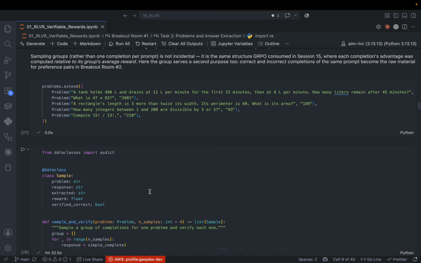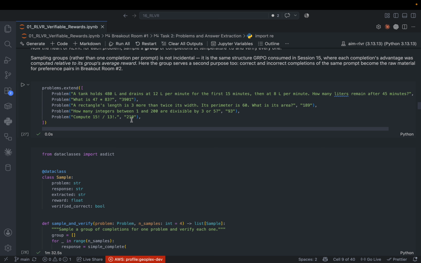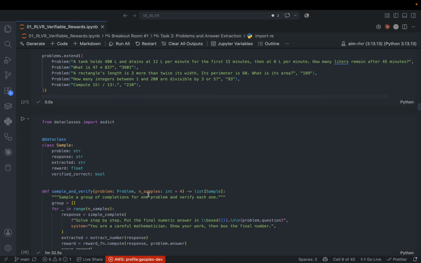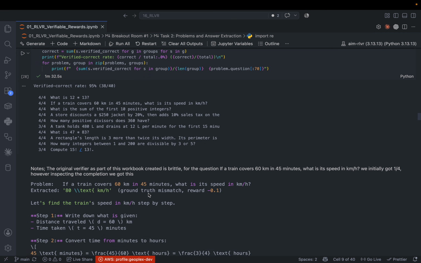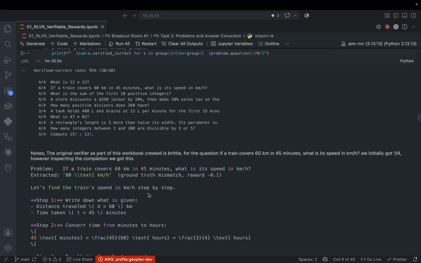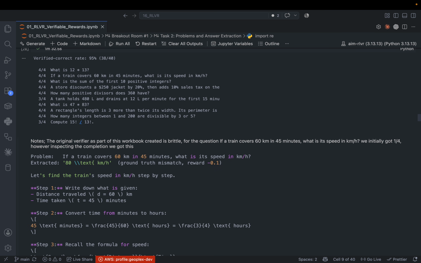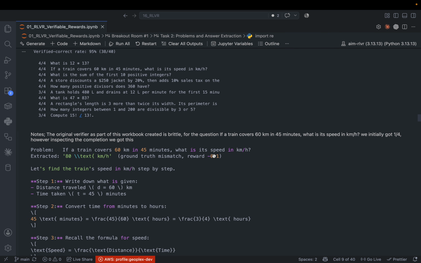Here we added a few questions with expected answers and ran those. I think one interesting thing was the original verifier in this workbook was slightly brittle, where it was giving the right answer, but the verifier wasn't actually extracting that answer.